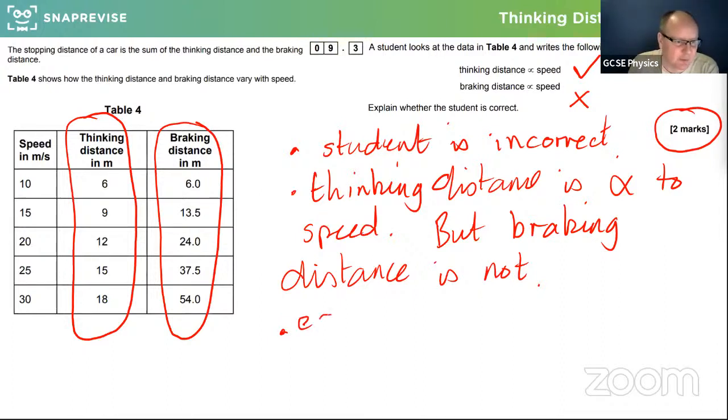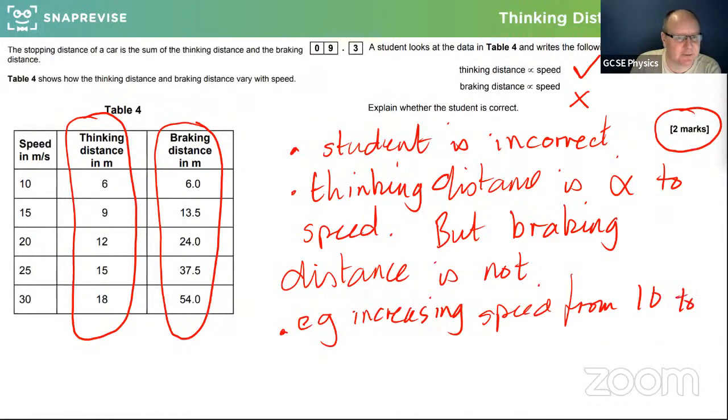So let's give an example, e.g. increasing speed from 10 to 20 meters per second.